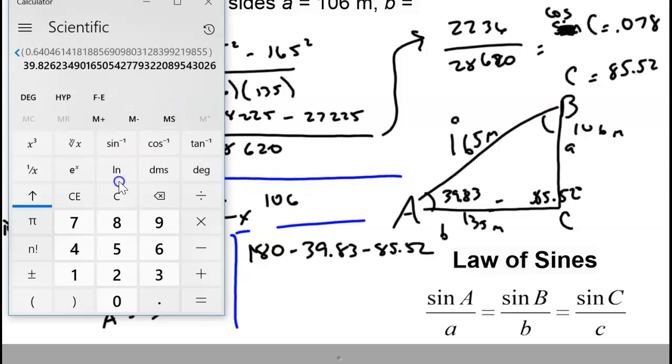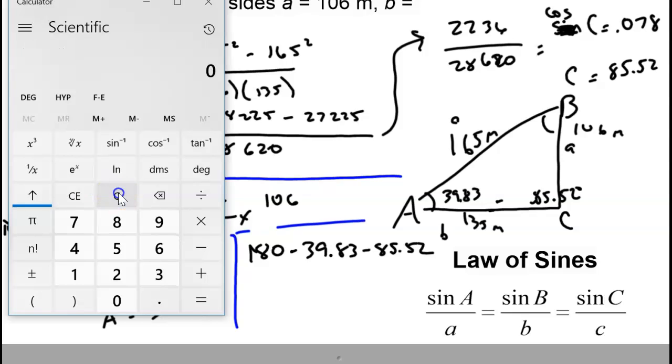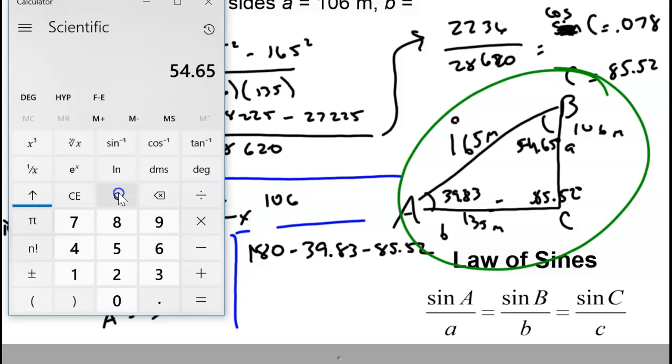And that is 180 minus 39.83 minus 85.52, and this angle right here is 54.65 degrees, and that ends up completing your triangle. And so you have solved your triangle.